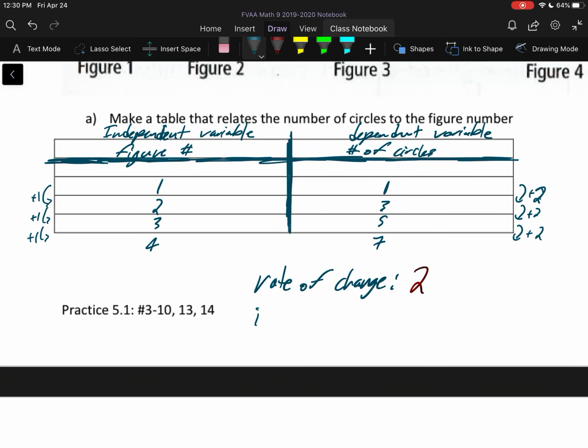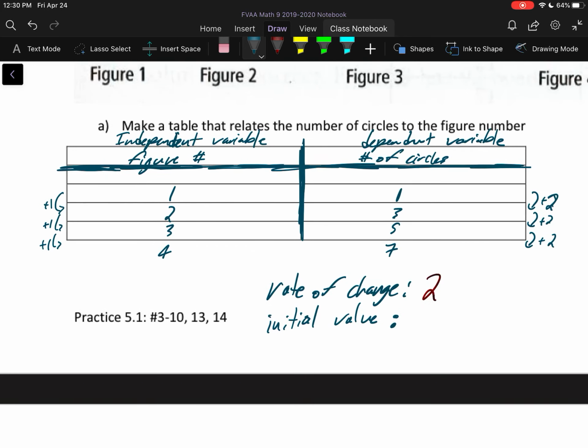And then initial value. Now this one, again, this is why we left the space here. My initial value has to be when the figure number is equal to 0. So it's a theoretical figure number.